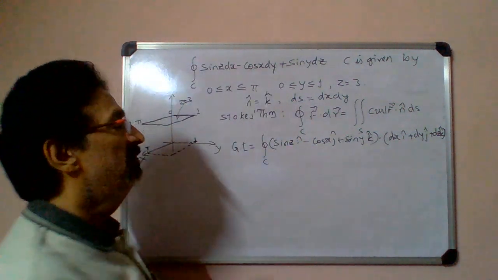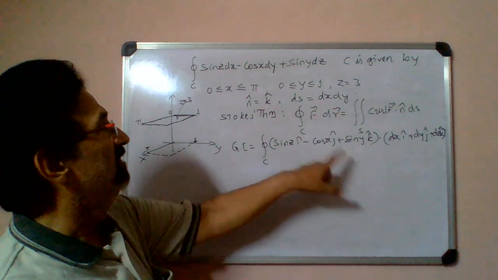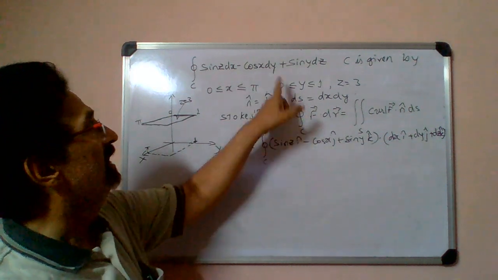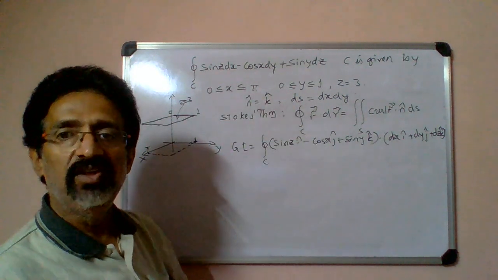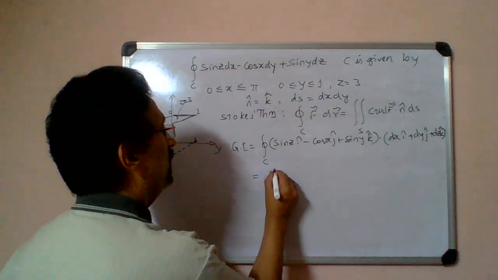Definitely if I take the dot product, I get sin z dx minus cos x dy plus sin y dz. So now this is in the required form.